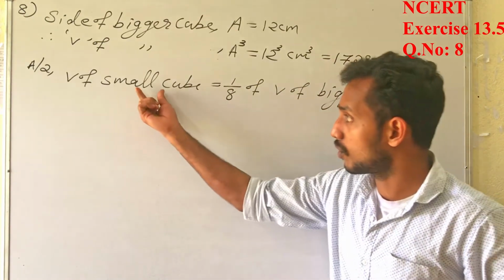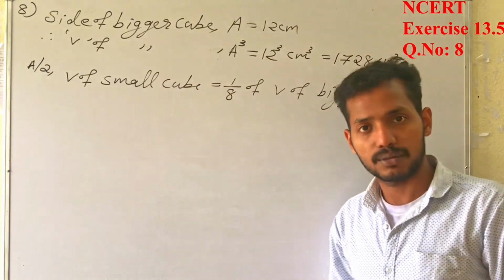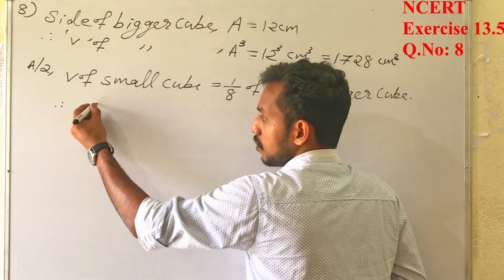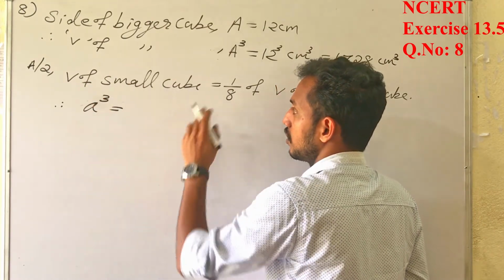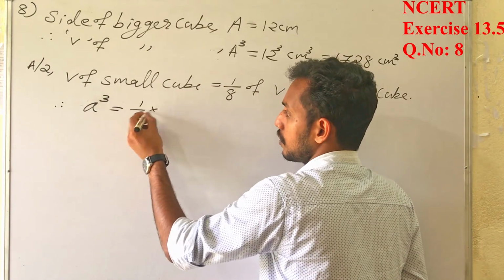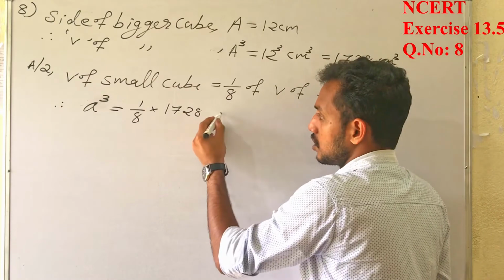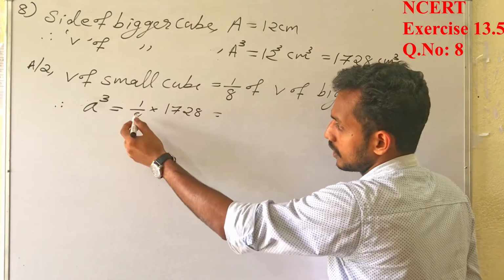So the volume of the smaller cube will be equal to 1 by 8 of the volume of the bigger cube. That is, for the side of the smaller cube we can give a smaller letter a. So the volume of the smaller cube will be a cube, which is equal to 1 by 8 of 1728, which is equal to, divide it, what will we get?